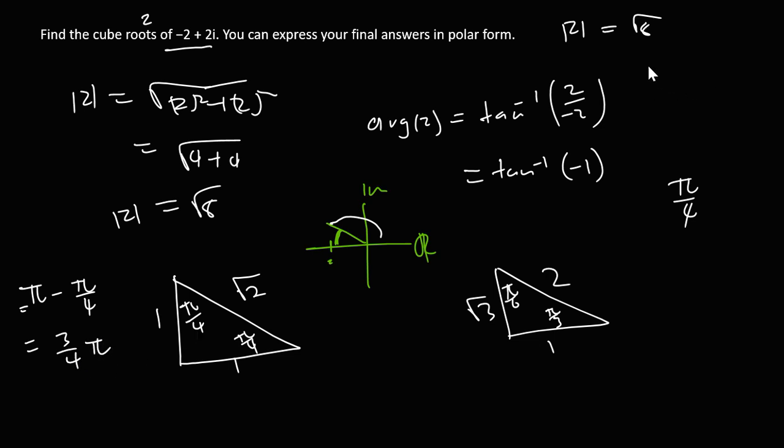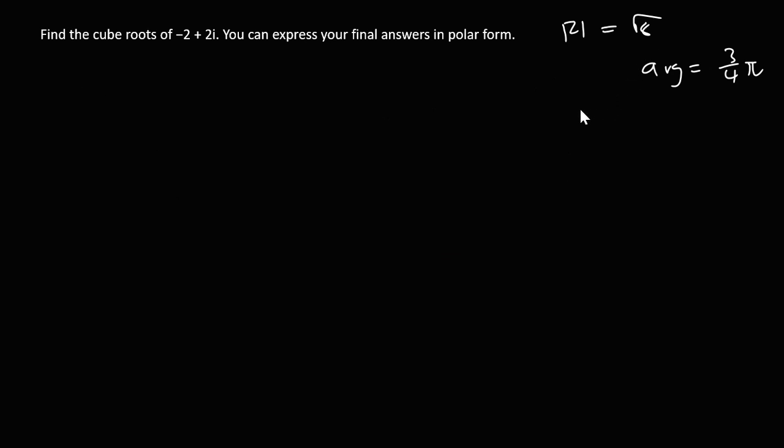So now we have an argument of z equal to 3 over 4 pi. I've cleaned my board. We got the modulus, or the radius, and we have the argument of z, so we can now plug this into polar form. That's all we need.